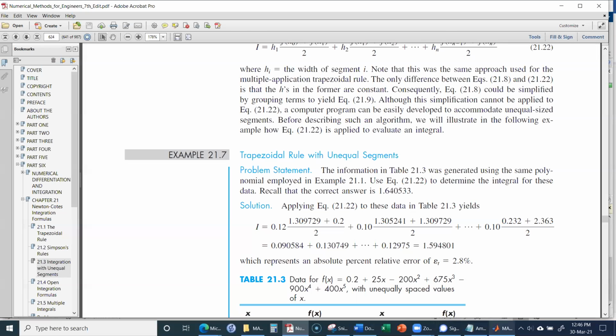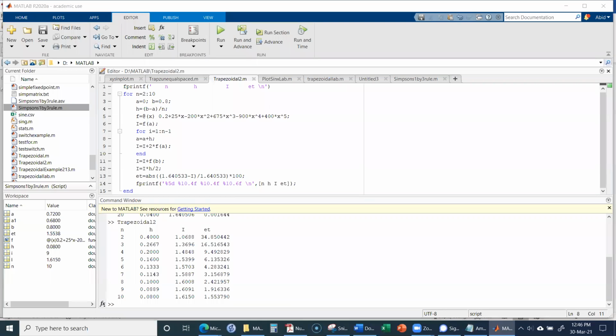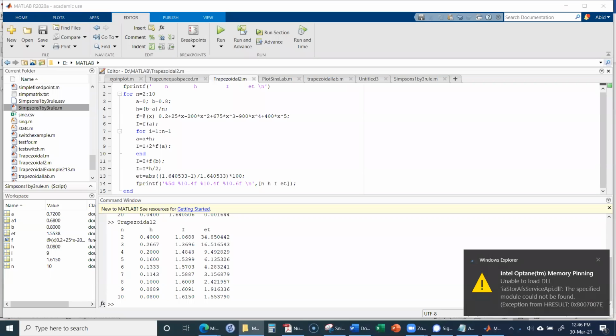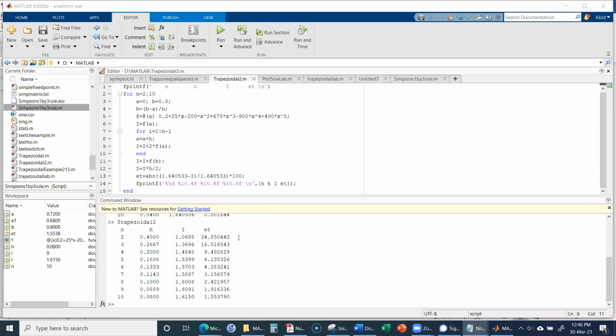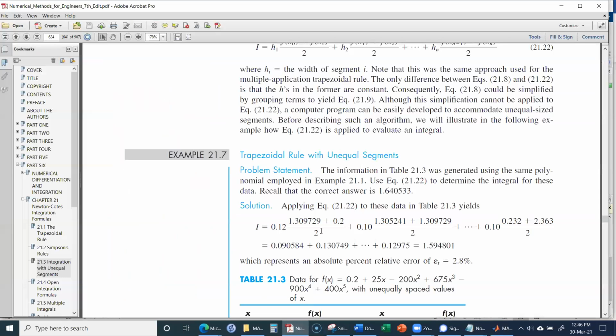In order to apply the trapezoidal rule with unequal segments, we can start a new script. For example, let's take this example.